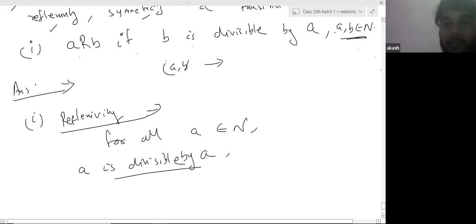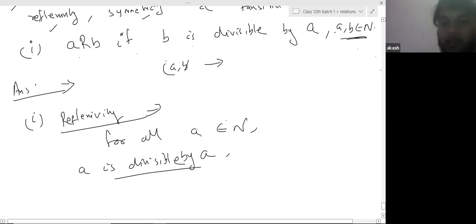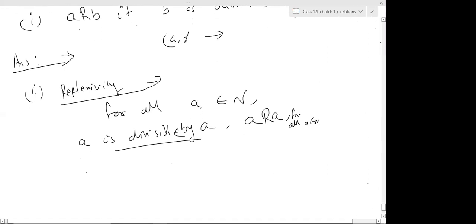This line is clear, everyone? Yes, sir. You take any natural number, it would be divisible by itself. That means A is related to A for all A belonging to natural numbers.